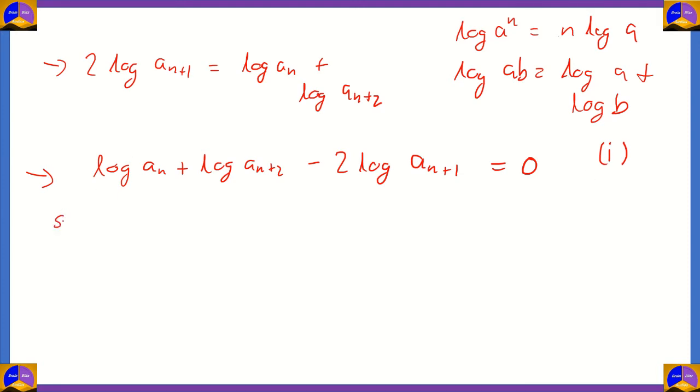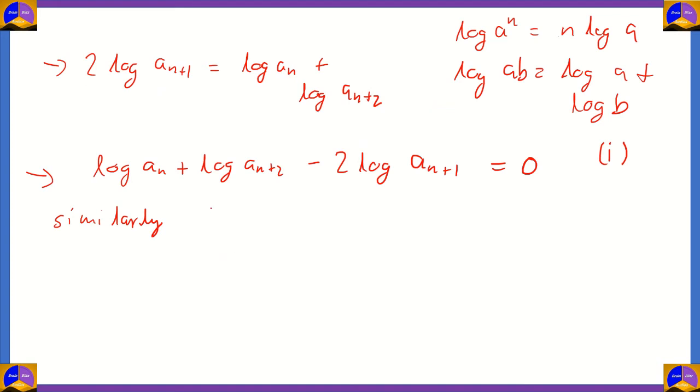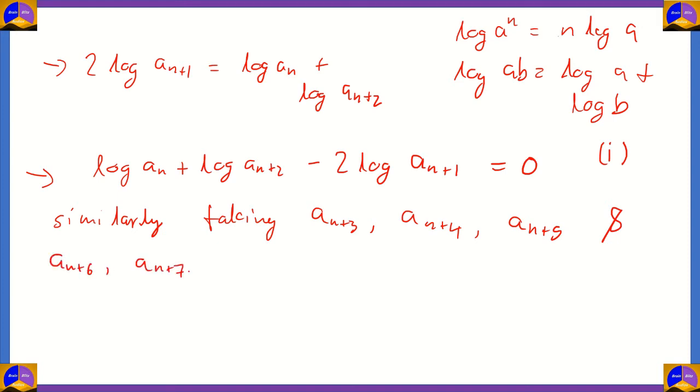So similarly, we can take other triplet combinations, 3 consecutive combinations. So here we can take An+3, An+4, and An+5. These are consecutive. And An+6, An+7, and An+8. These are also consecutive. So we can write two more equations of a similar pattern.